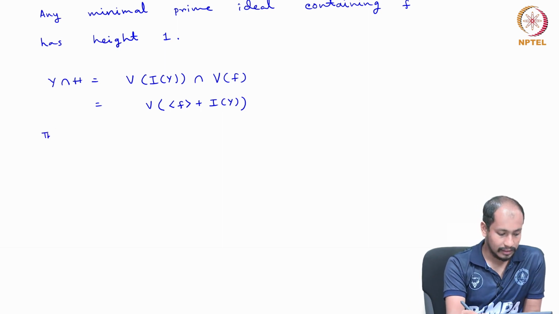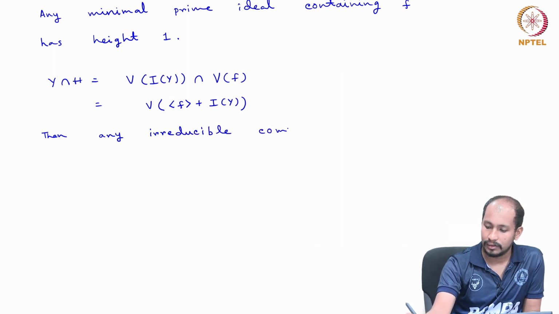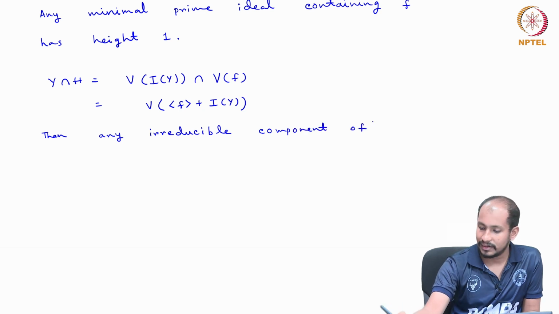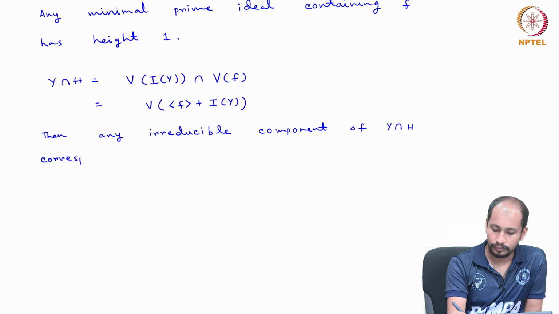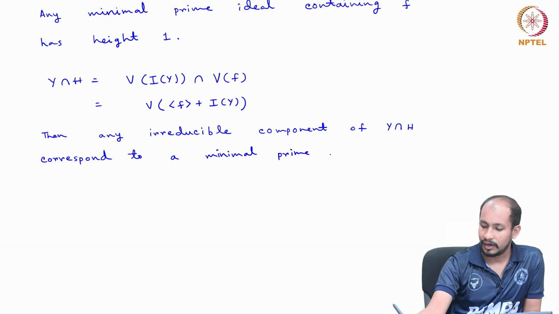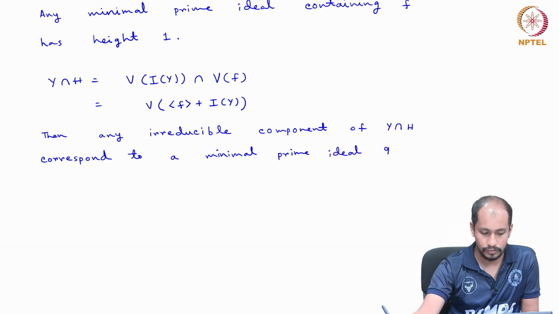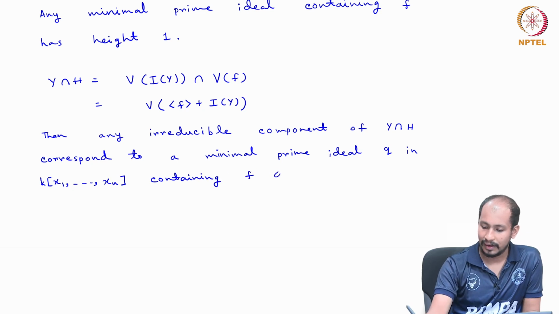Now, observe that any irreducible component of Y intersection H corresponds to a minimal prime ideal, say q, in this polynomial ring k[x1, ..., xn] containing f and I_Y, right.